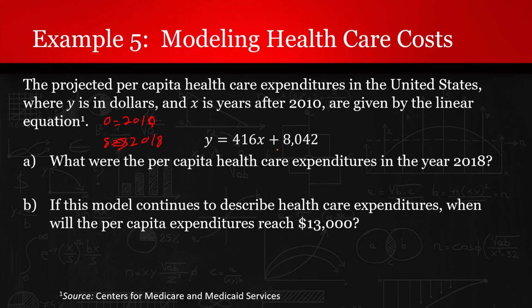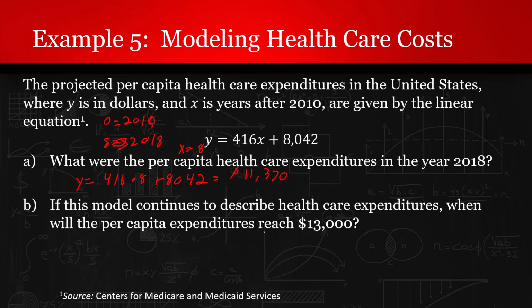So we're going to let x equal 8, and then compute y is equal to 416 times 8 plus 8042, and if you do, you get the answer of $11,370. And that's what the expected healthcare expenses will be in the year 2018.